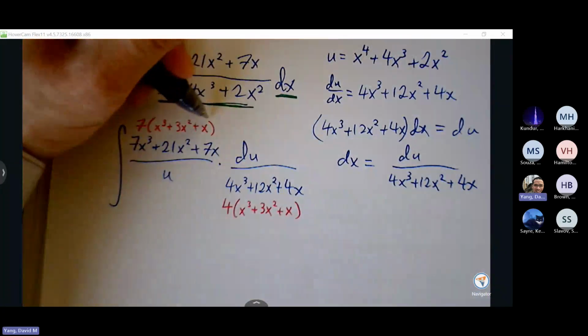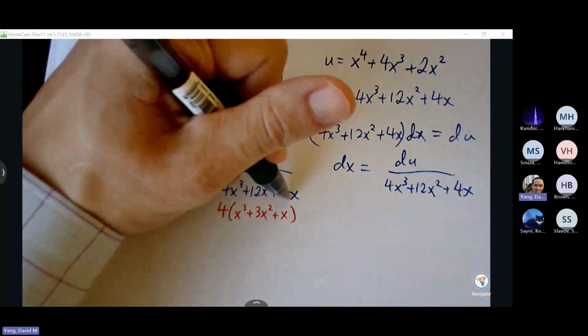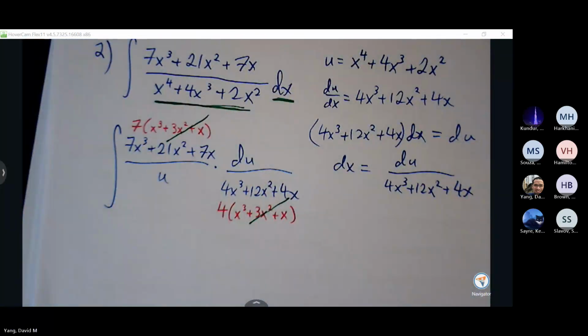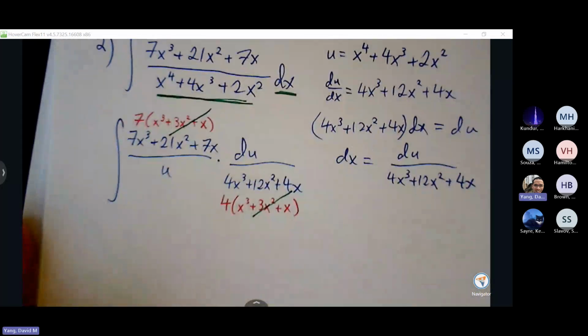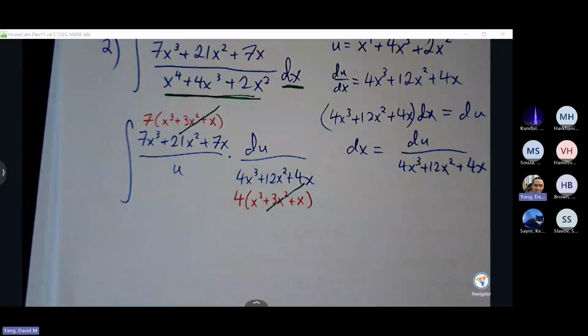Now there's a good match, right? This can go with that. What can we push out? What leftover do we have to keep track of? So 7/4.